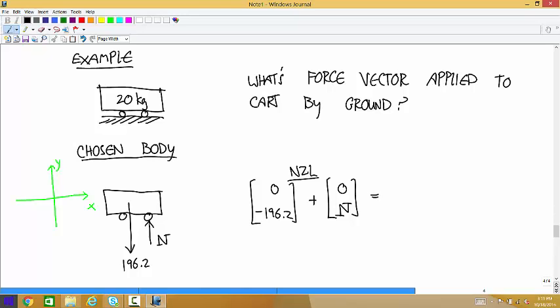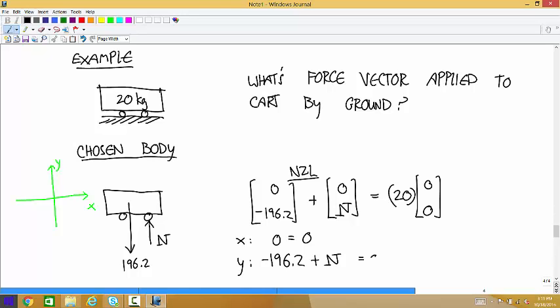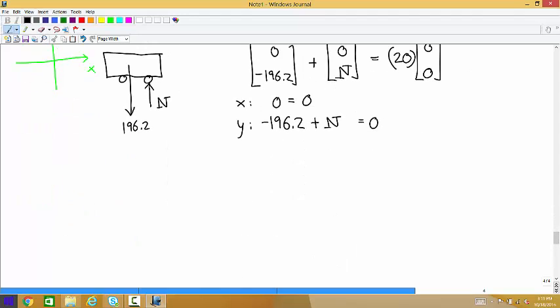And then that's equal to the mass times the acceleration. We're just imagining this thing sitting here. And so the x equation again says 0 equals 0. The y equation says negative 196.2 plus n is equal to 0. Solve for n, and you get that n is equal to positive 196.2.